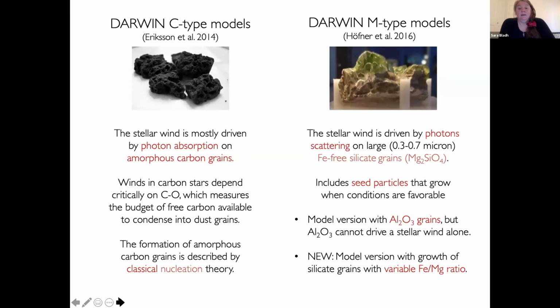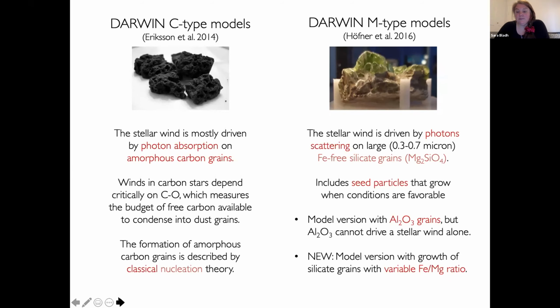So we use pre-existing seed particles that grow when conditions are favorable. For M-type AGB stars, there are actually now 3 different versions of this model. So there is a version with purely iron-free silicates, pure Mg2SiO4 only. This is the version that we have large model grids of.